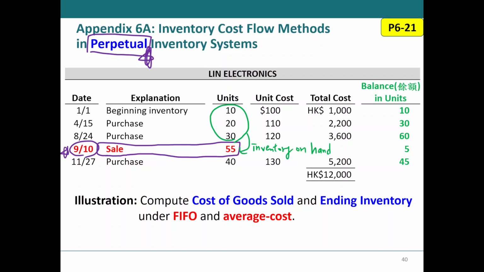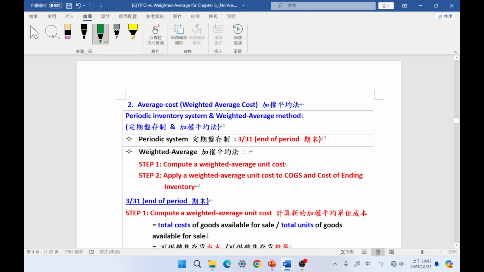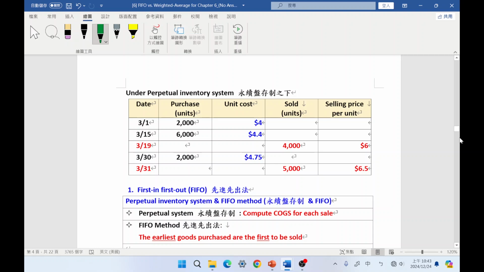Perpetual with the first assumption, FIFO. Remember, page 9, perpetual. So what does it mean? Perpetual 永续盘存制 means you compute cost of goods sold when inventory is sold.